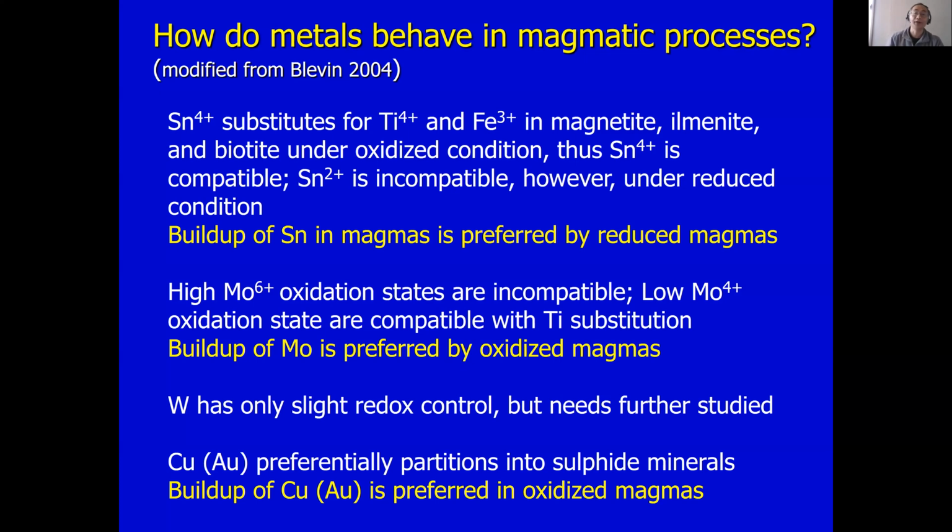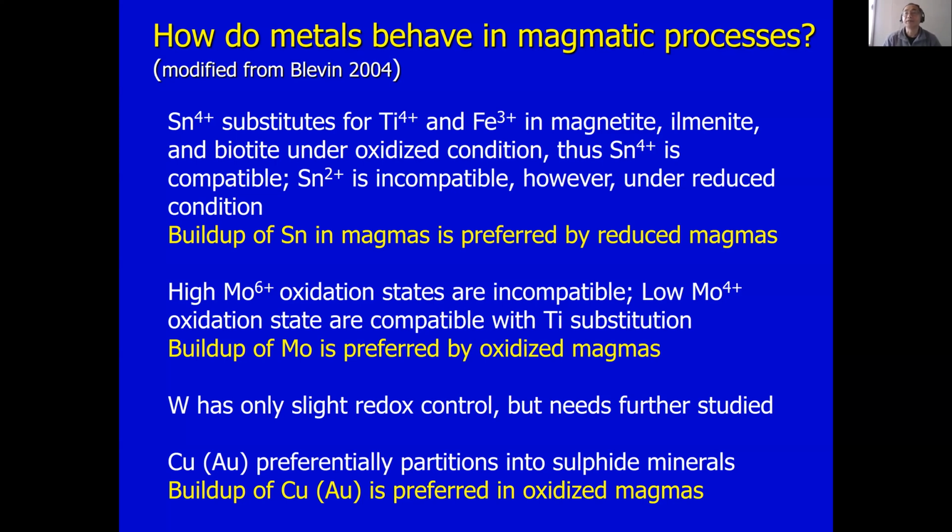So they prefer highly oxidized magmas. So we know different metals behave differently in different redox conditions. This is important when you consider mineral deposit metallogenesis.